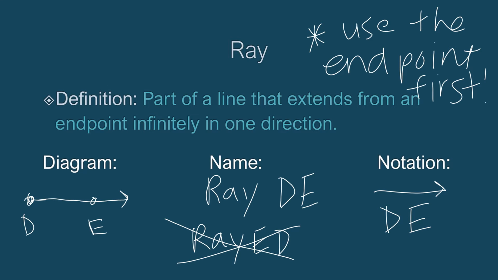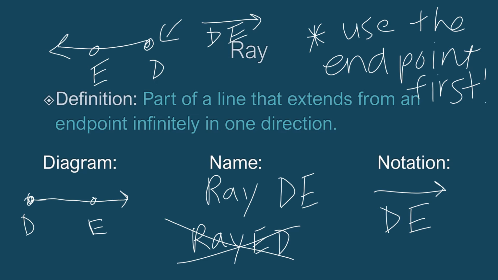Now, for example, if I had the ray going in this direction and it was still D and still E here, we would still name that one DE, because you are always starting with the endpoint no matter which direction it goes, whether it's right or left.